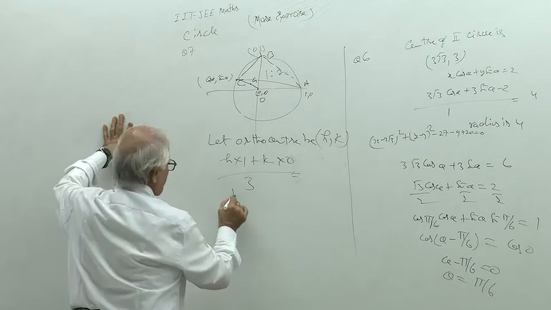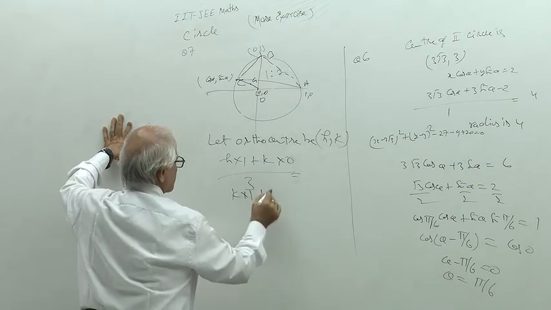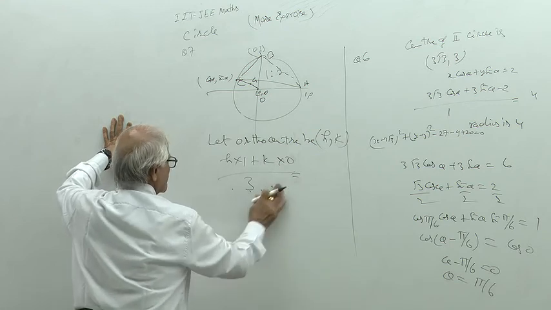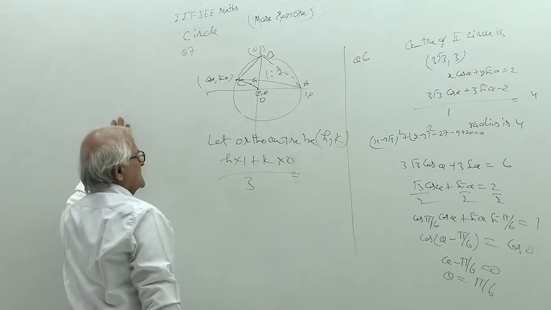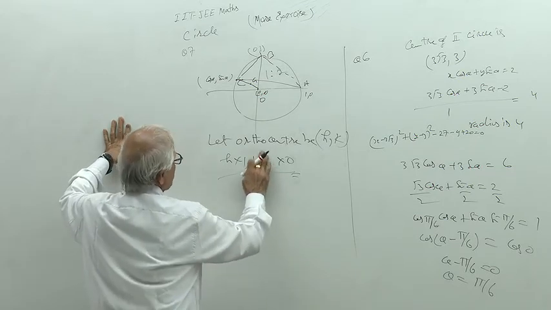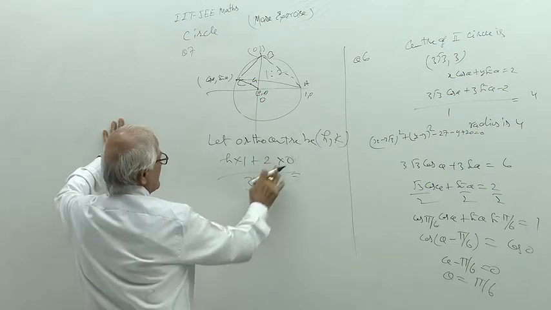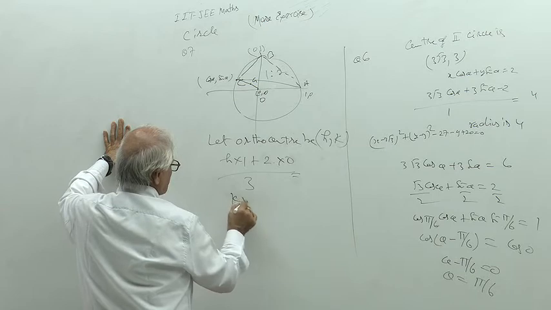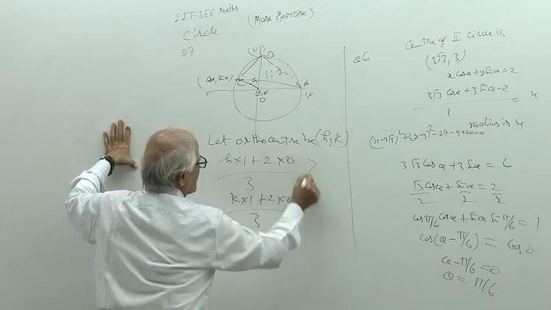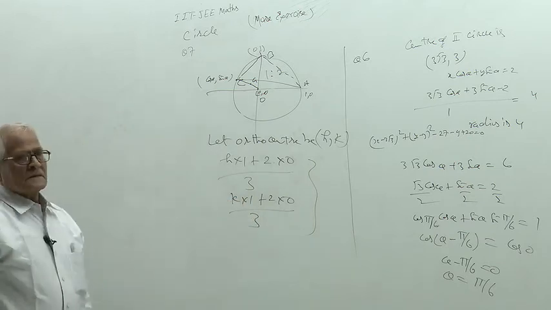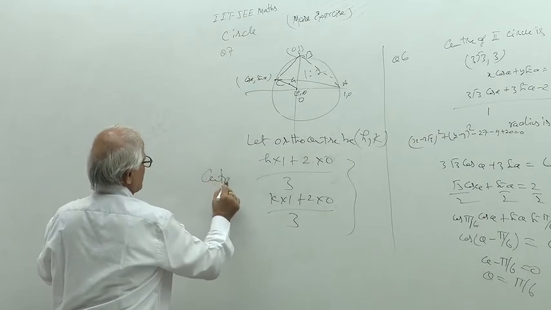Here also, k into 1 plus 2 into 0, over 3. This is also the centroid.